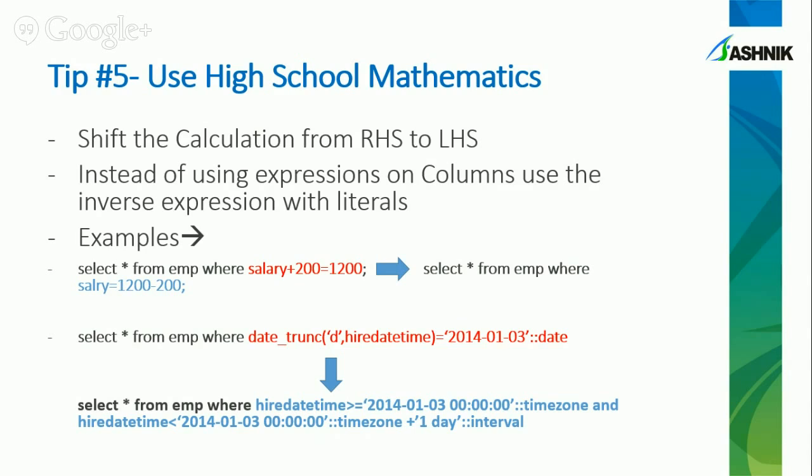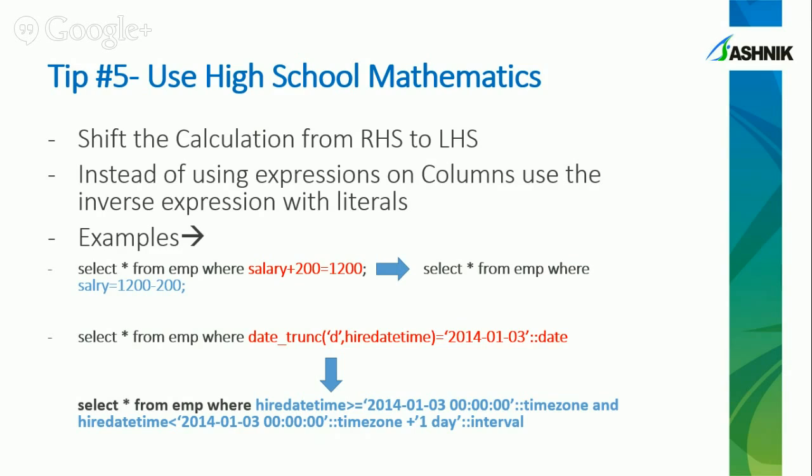So you see after the arrow, the operations in blue ink are the same as the previous operation, but I have changed it. I have shifted the expressions towards literals instead of using them with the column. So instead of checking salary plus 200, I'm checking literal minus 200.